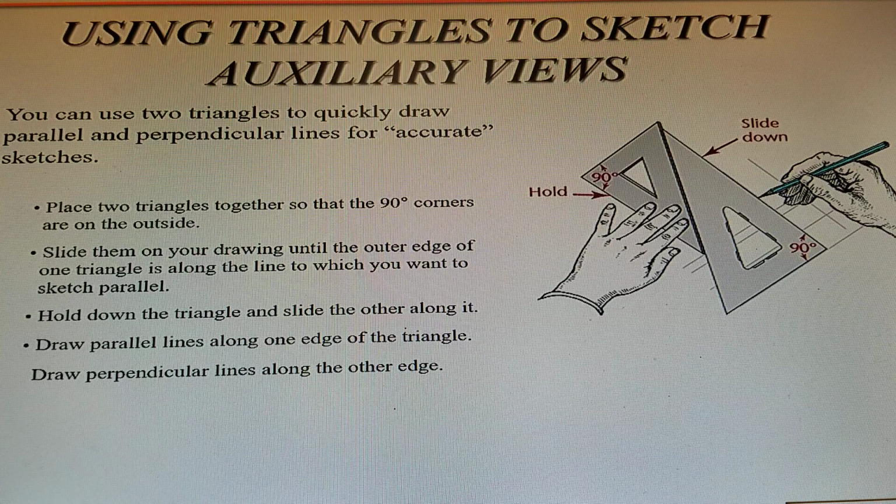Place them on your drawing so the outer edge of one triangle is along the edge to which you want to sketch parallel. Hold down the triangle and slide the other along it. Draw parallel lines along one edge of the triangle. Draw perpendicular lines along the other edge. Okay, so much for old school stuff.